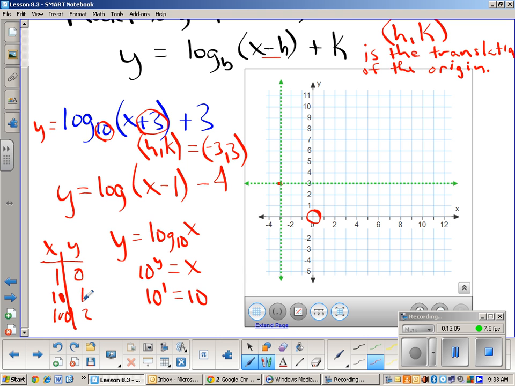And so I treat this as my new origin. And I go 1, 0, over 1, up 0. And I go over 10. So it's 3, 4, 5, 6, 7, 8, 9, 10, and up 1. And is it reasonable to suggest I go over 100? No. So my graph is going to look something like this.